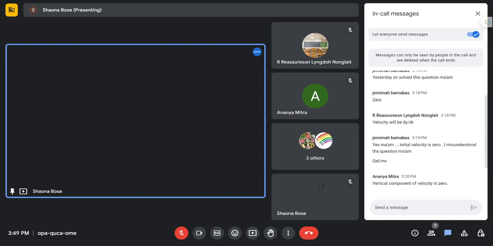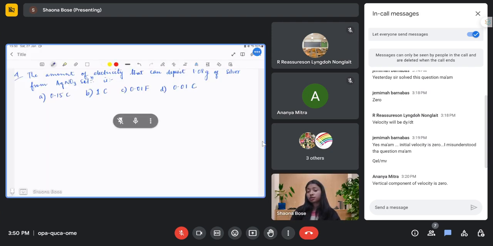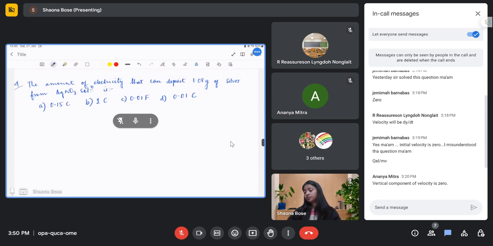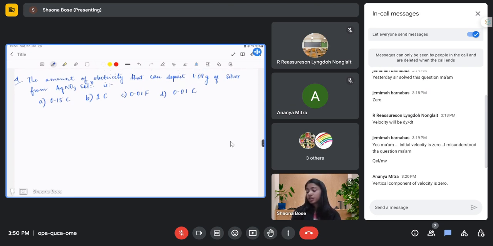Second option is 1 coulomb. Third option is 0.01 Faraday. And the last one is 0.01 coulomb. So which one do you think? I mean, what will this be? Can you please try it out?